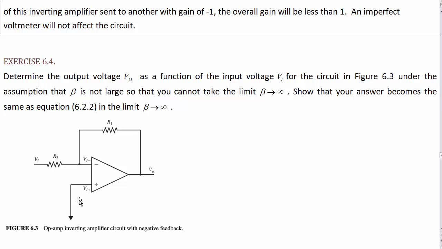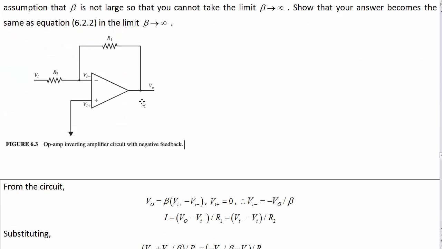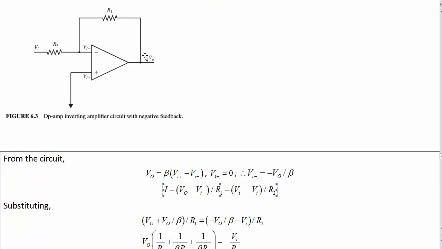Okay, so the input voltage is 0, and we know that the output is beta times the difference in the inputs, which means the negative input terminal must be negative the output divided by beta. Saying the current that goes through here is the current that goes through here, we've got that V out minus the negative input terminal voltage, divided by R1, is equal to the negative input terminal voltage minus V I, over R2.